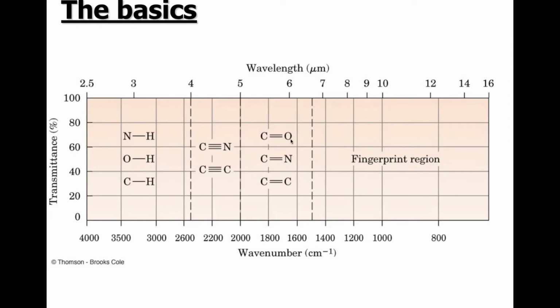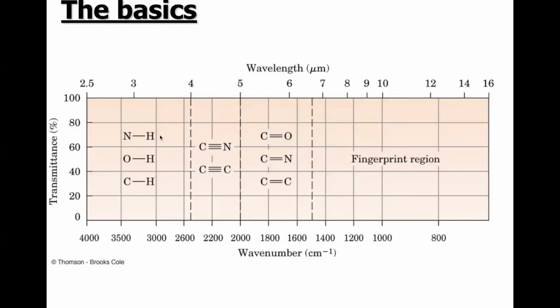And our C double bond O, C double bond N, and C double bond C occurs even further down in this region in between about 1500 and 2000. You can imagine that it takes more energy to stretch the triple bond than it does to stretch a double bond. So you can imagine that being increasing in energy here.